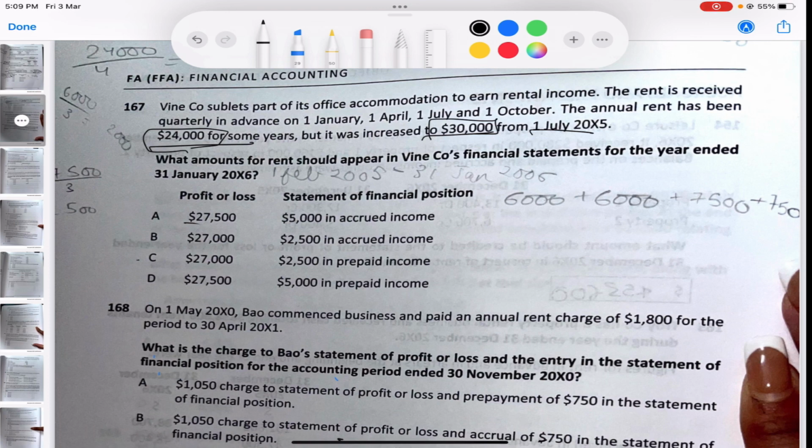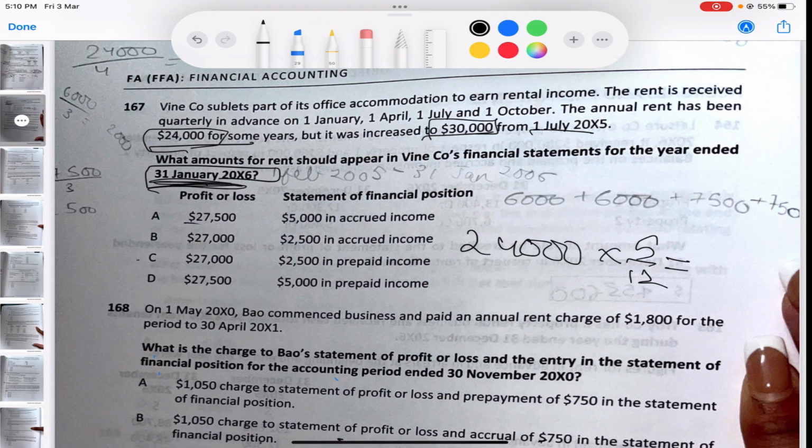Take a second and try to solve it by yourself, and make sure you check the year over here. The year is not 31st December. The year is 31st January, which means my year begins from 1st of Feb, right? So how many months is it? February, March, April, May and June. It is 5 months. So 24,000 will be used for 5 months, which is 5 by 12.